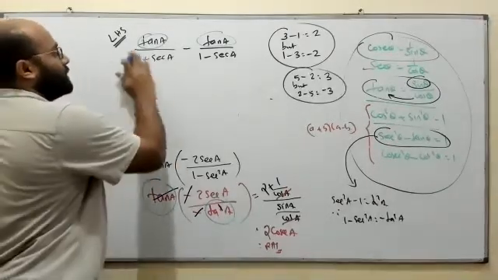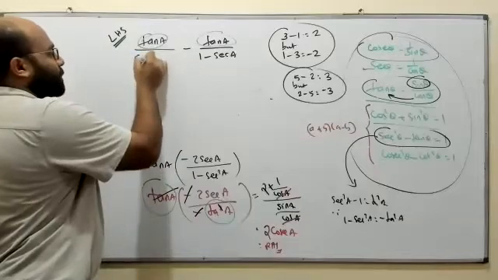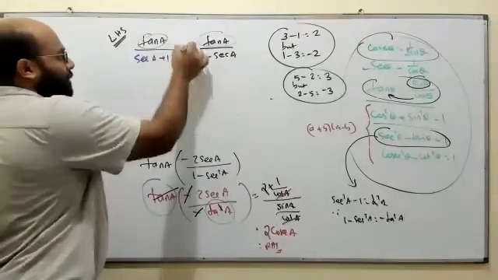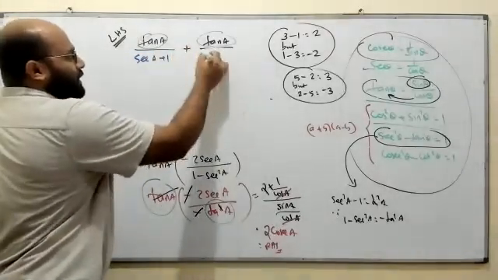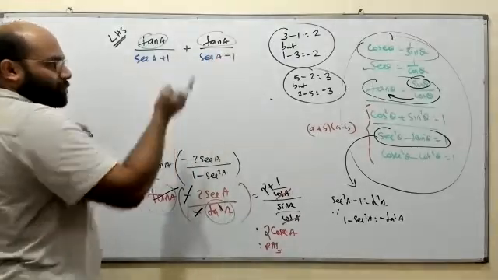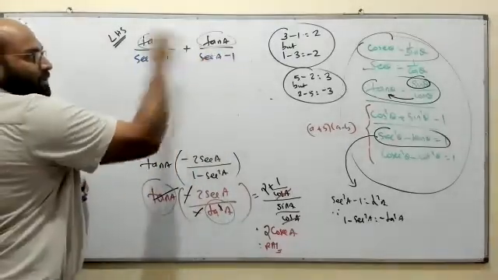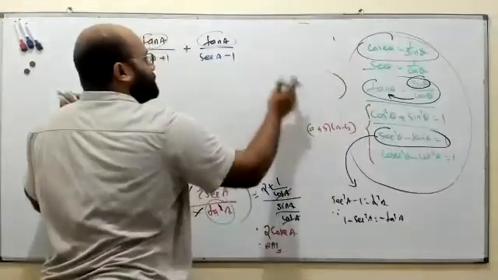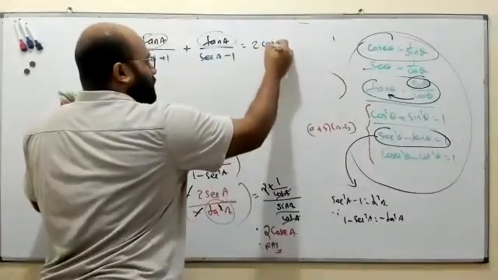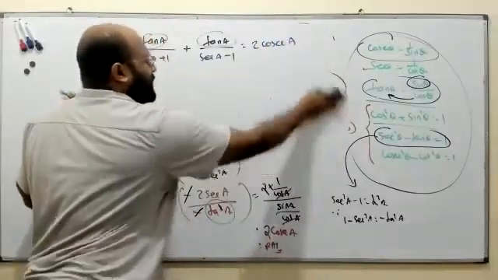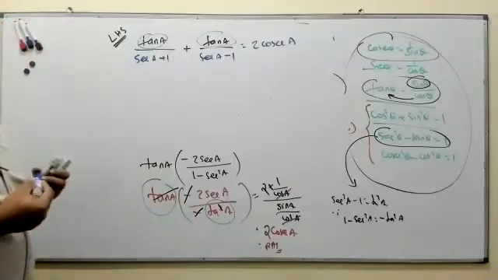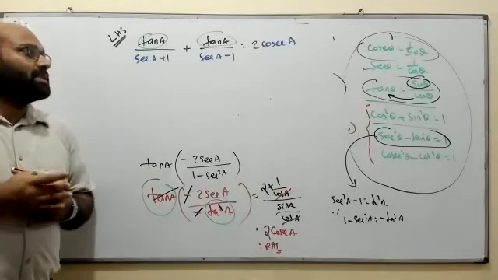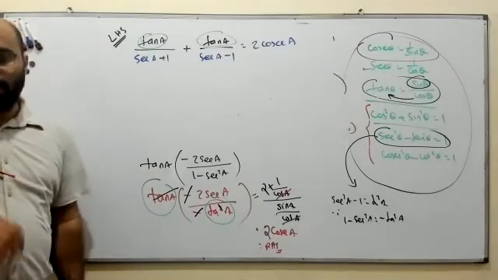Prove that tan A by sec A plus 1 plus tan A by sec A minus 1 equals 2 cosec A. Actually, both the questions are the same. I reversed one minus sign. This we did before: 2 cosec A.